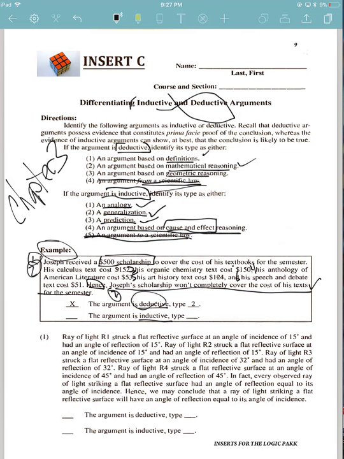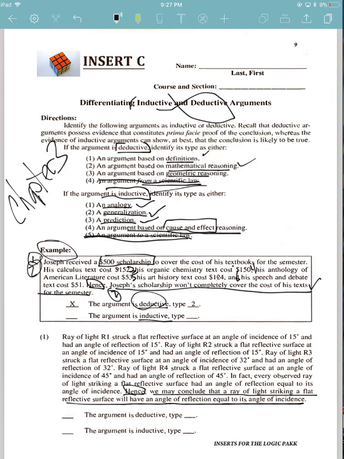Okay. Now this one I don't like, just because we can talk about it. What you really have when you look at this one here is hence: we may conclude that a ray of light striking a flat reflective surface will have an angle of reflection equal to its angle of incidence.